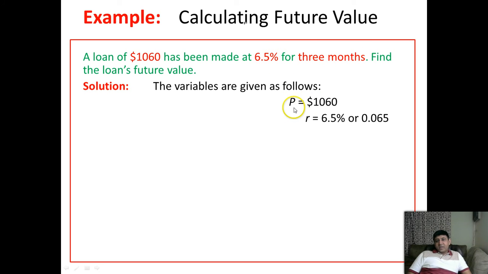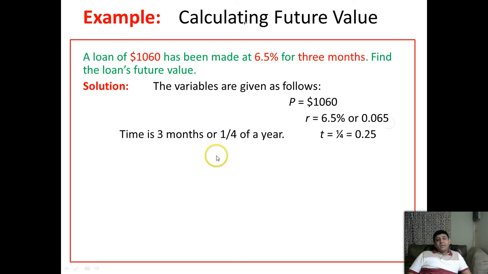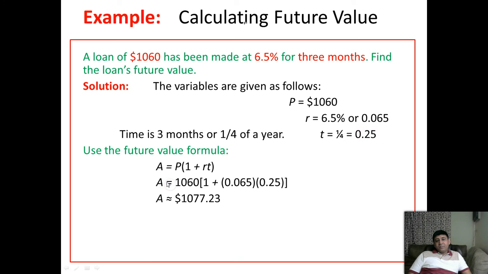So P is 1060, R is 0.065. Time is 3 months, and then you have to convert it into years by dividing by 12. So 3 over 12 is basically 1 over 4 of a year. So time T is equal to 1 over 4, or 0.25. This is your time. Apply the formula for the future value. A is equal to P times (1 plus RT). Put the value of P, which is 1060, 1 is 1, R is 0.065, times 0.25, the time.